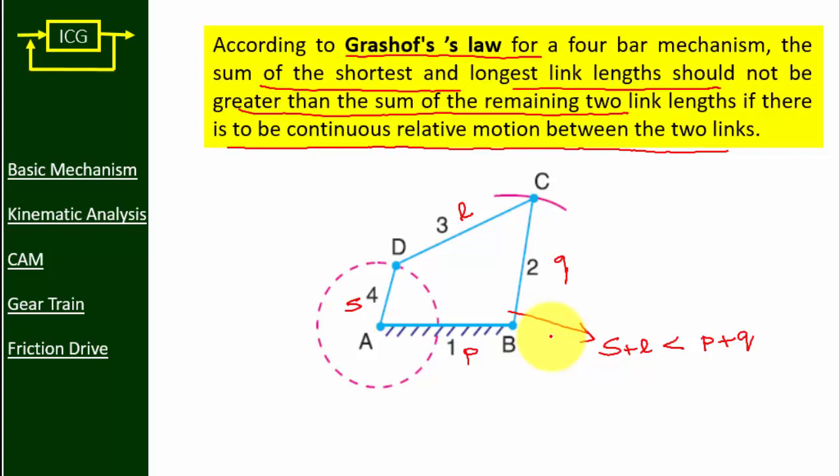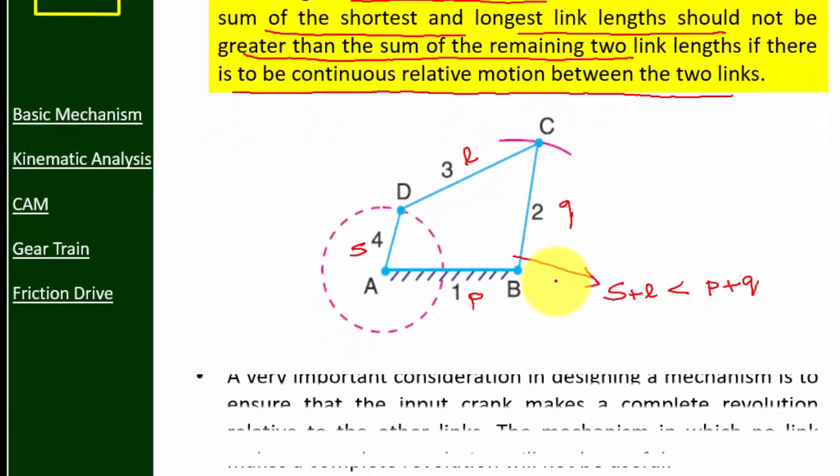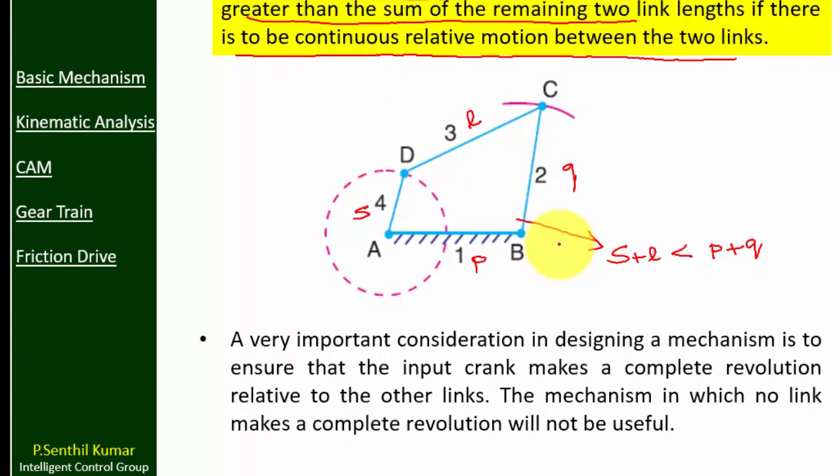If you want a crank to make a complete rotation, then the length of the links should satisfy this condition: S plus L less than or equal to P plus Q. Okay, so that is the meaning of this paragraph. Okay, so Grashof's law always needs to be satisfied to make a crank a complete rotation.